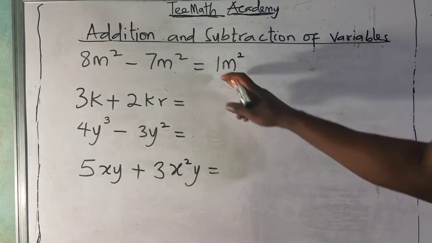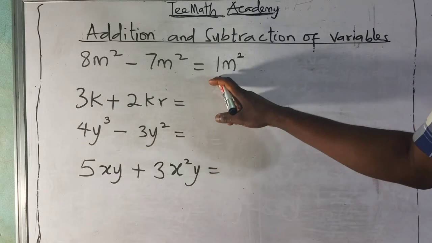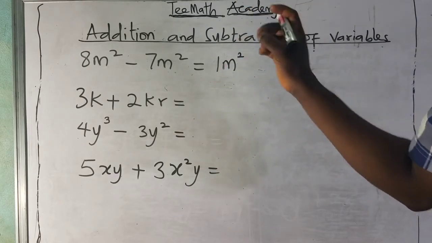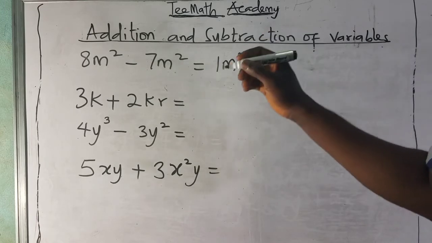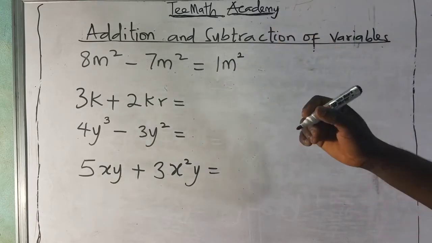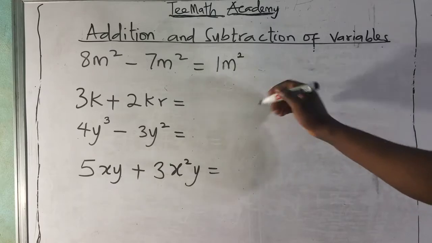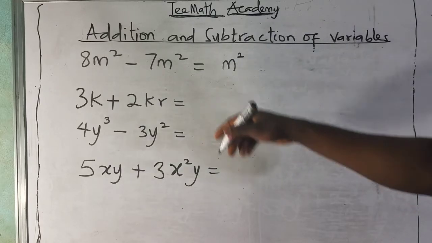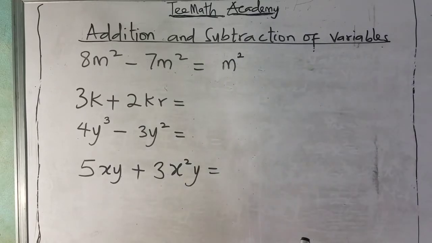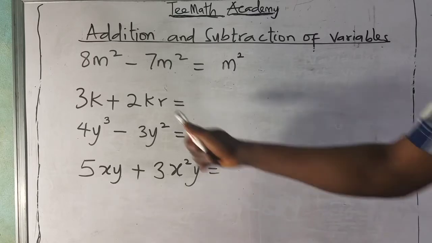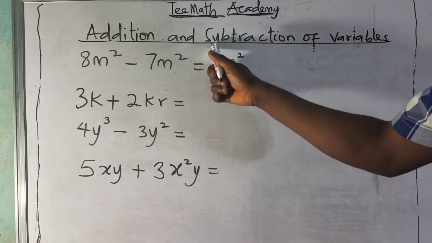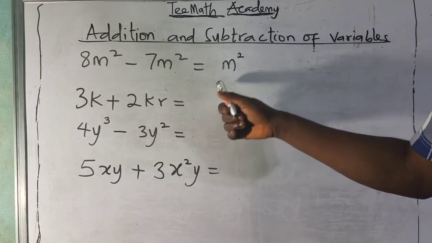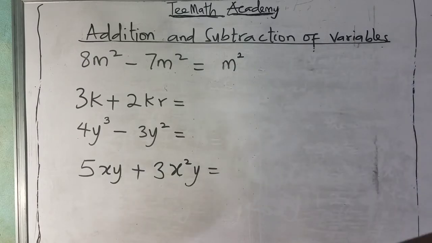It's not allowed to write 1. Instead of writing 1, we write only the letter. In mathematics, when you write only the letter, it means it is 1. But starting from 2x, the number will show. Although 1 is there, it's invisible. It must not be shown, except if it starts from 2 upwards. So 8 minus 7 is 1, I know, but I can't write the 1 with the letter. Instead, I write m raised to power 2.